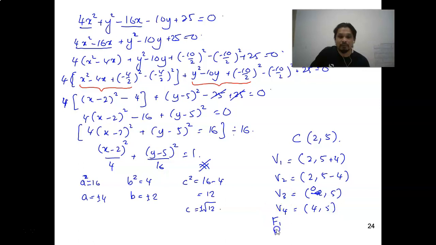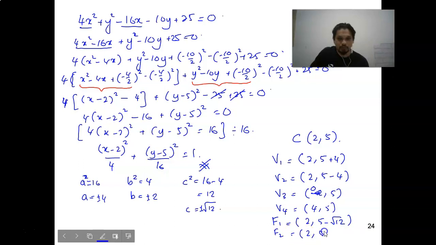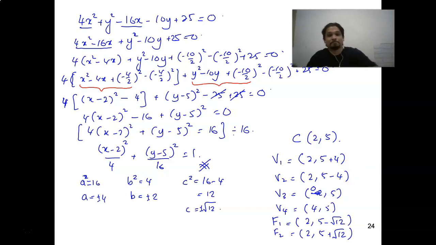The first focus point F1 equals (2, 5 minus square root of 12), and F2 is (2, 5 plus square root of 12). So we have listed everything here, then try to sketch the graph for this question by yourself.